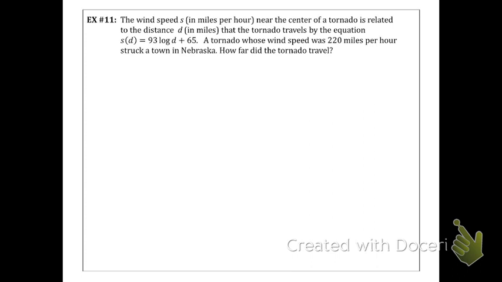All right, so they gave us an equation here. How far did the tornado travel? So we're solving for d. So I need to know S. Well, S is my wind speed, and it told me that the wind speed was 220 miles per hour.